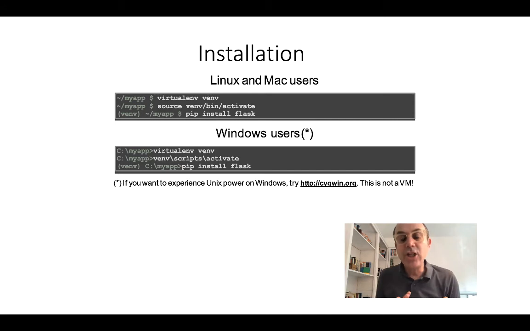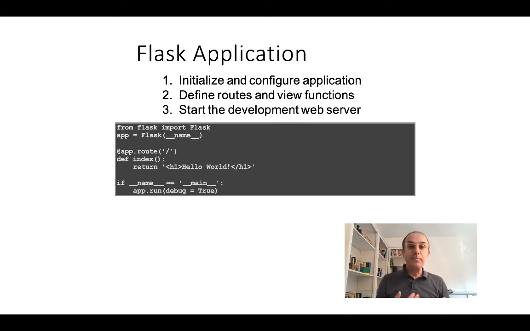So the installation, as we did many times before, especially with virtualization in Linux, in the user environment. If you need more information, I gave you more about that. The Flask application is how to apply that, how to name it, how to define the routes, how to view functions, and to start developing the web server.